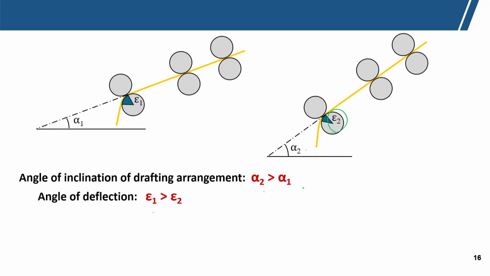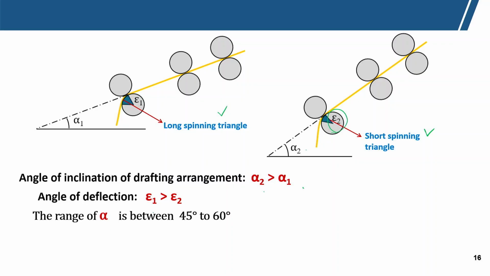So, epsilon is the angle of lap, angle of guidance. So, here there will be a long spinning triangle and in this case a short spinning triangle. We can control the spinning triangle by changing the inclination of the drafting arrangement. The range of alpha is between 45 to 60 degree. So, typically 45 is very commonly used.